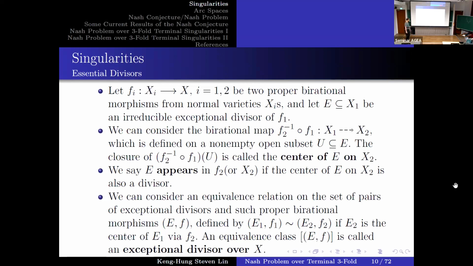That means that if you transport E1 into X2, the center is E2, then we say they are equivalent. And this equivalence class is called an exceptional divisor over X.